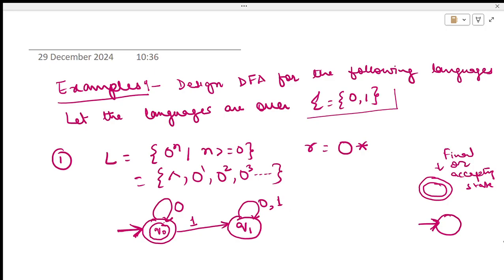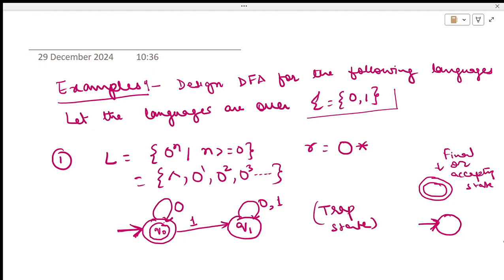Such states are called trap states, because once we reach Q1, we remain there forever, reading either 0 or 1. The machine is not going to move from Q1. It is going to stay on Q1 forever, and we call such states trap states.